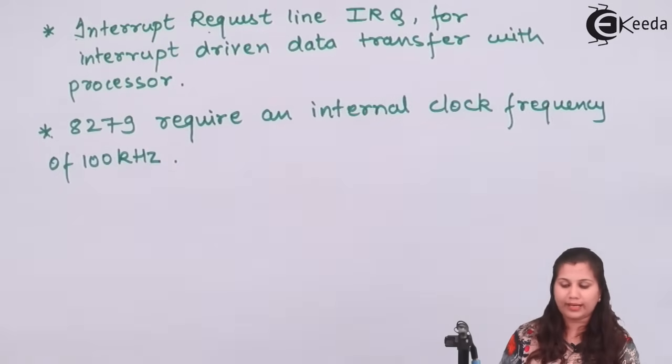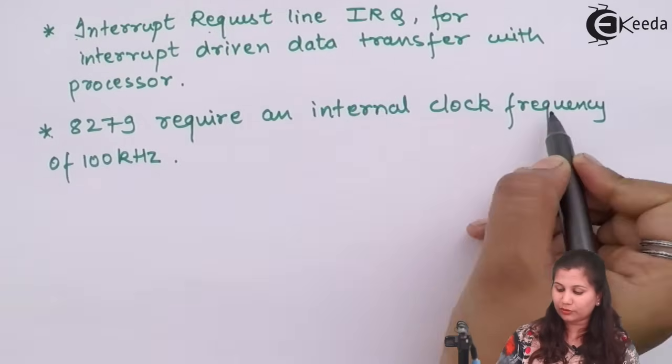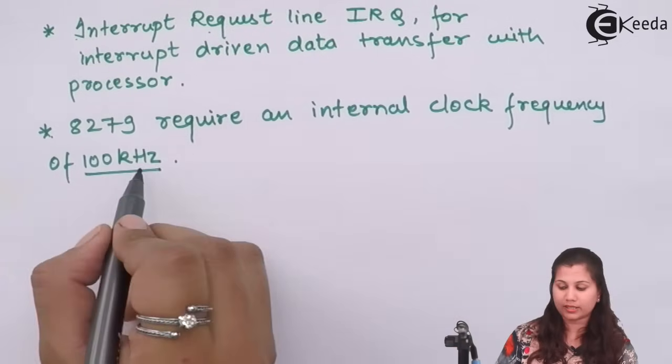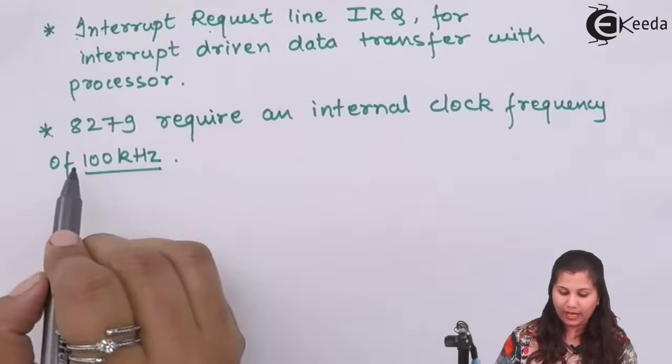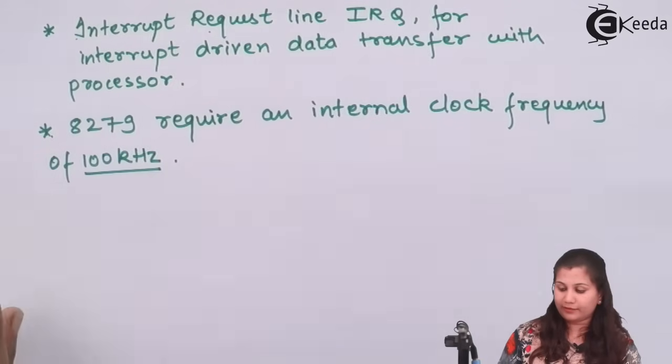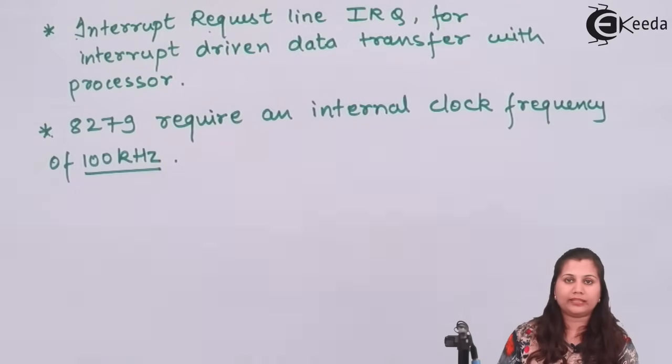The 8279, this programmable keyboard display controller, requires an internal clock frequency of 100 kHz. Now how is this internal clock frequency generated? This frequency can be obtained by dividing the input frequency by a prescaler.